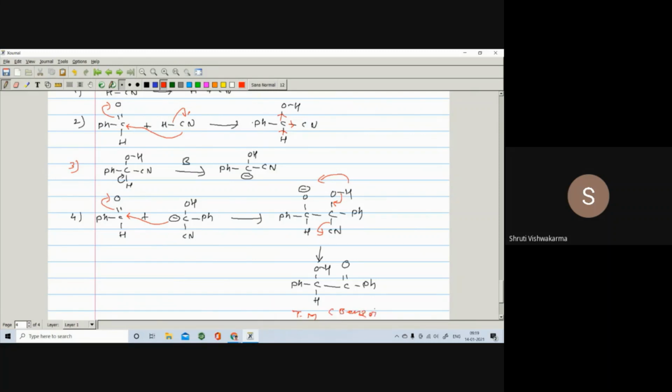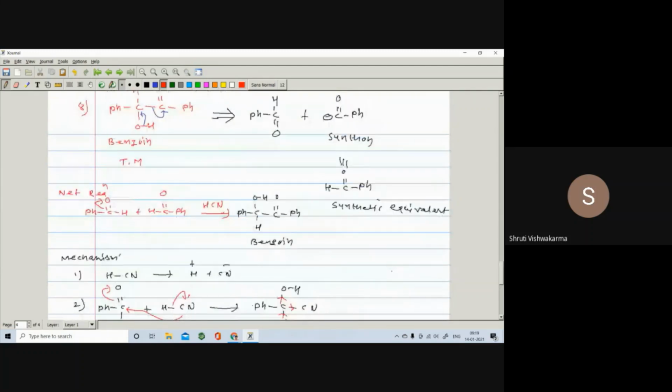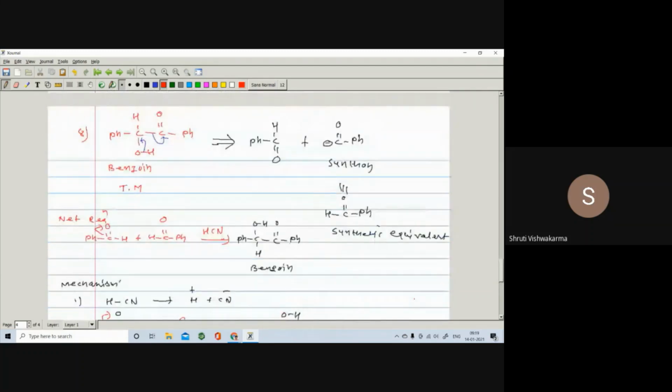This is your benzoin. So in this way we have taken all the examples, and this is the name reaction, benzoin condensation reaction. You have to remember this reaction, number 8. In this topic there are only 8 types of examples. So first prepare in general, then we can also prepare in particular. Let them ask any question, you can write the answers.